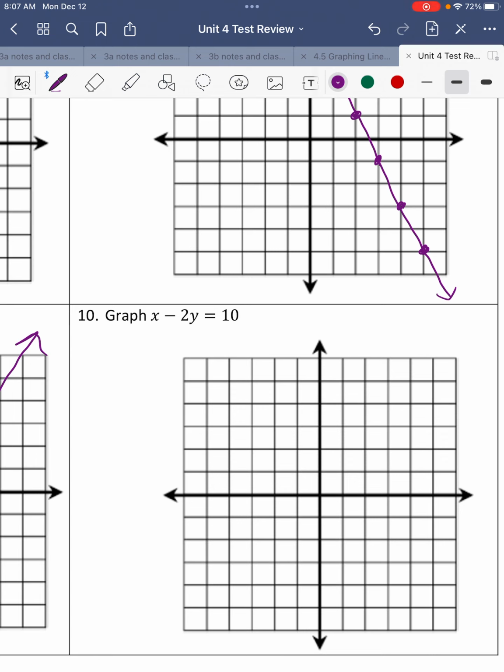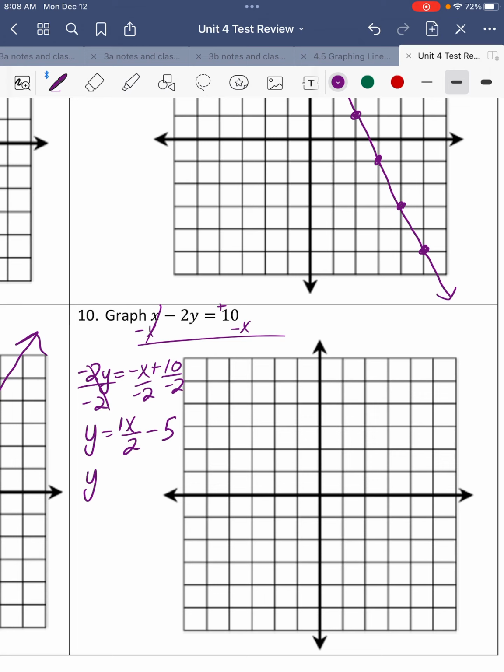All right, number 10. To graph here, I'm going to get it in y equals mx plus b form. You can graph by the x and y intercepts, but I'm going to subtract x first, get the x term over. I'm going to actually move this whole thing over. -2y equals, I'm going to write the x term first, and the 10 is positive, so plus 10. Divide by -2 on every term. Y equals a negative divided by negative is a positive. 10 divided by -2 is a -5.